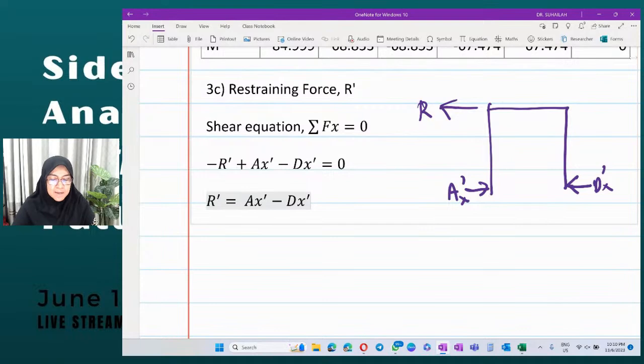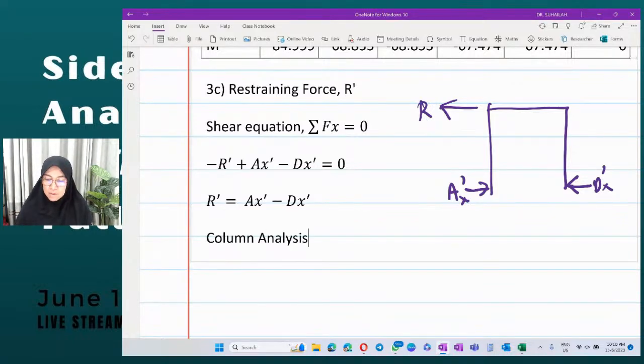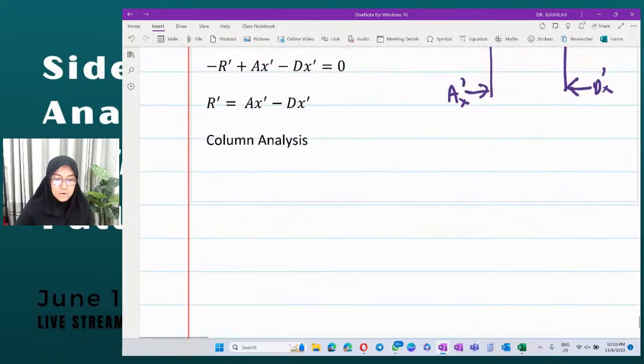Again, we repeat the process, the column analysis. For the column analysis, we have to analyze column AB and column CD separately.